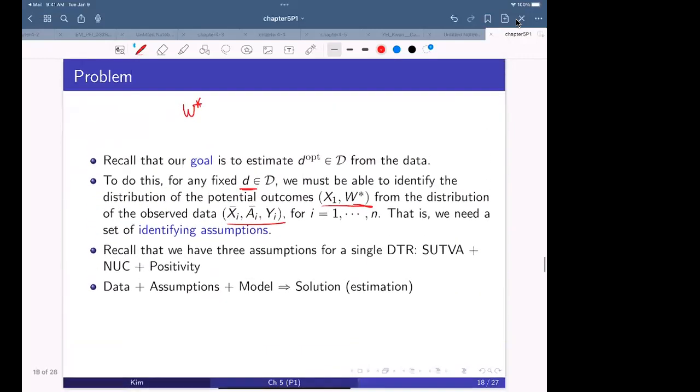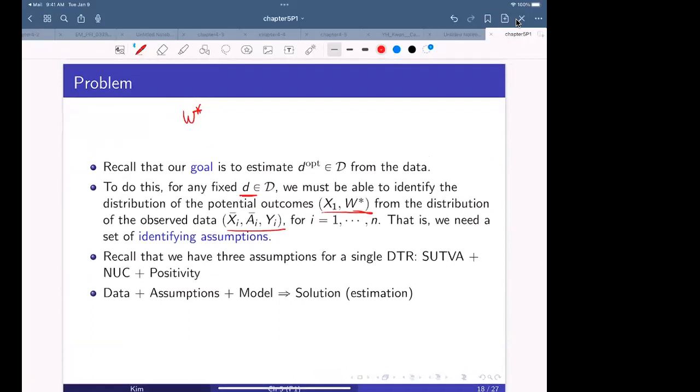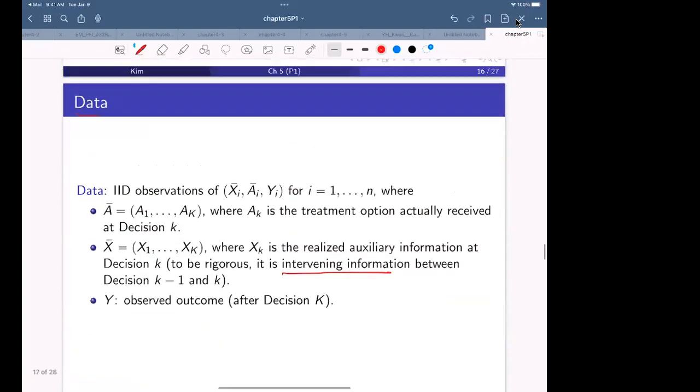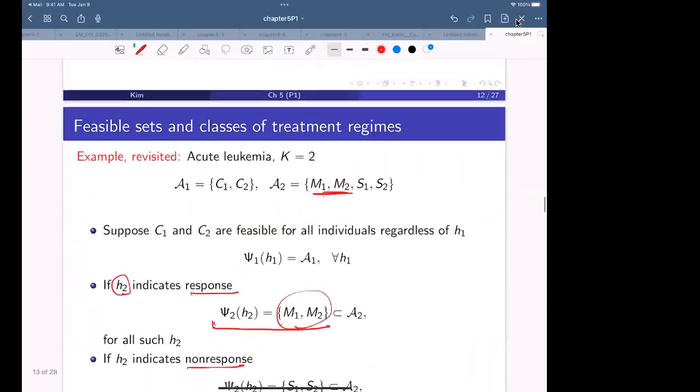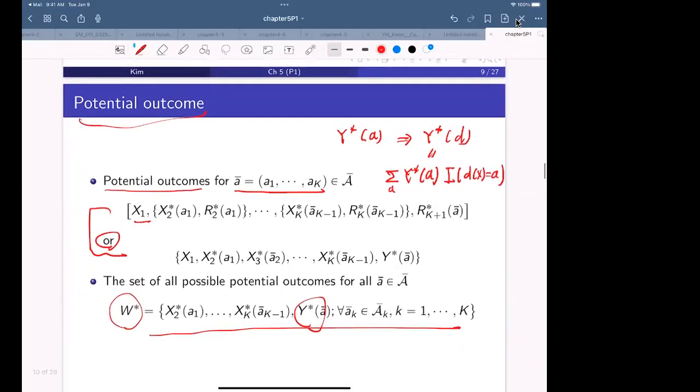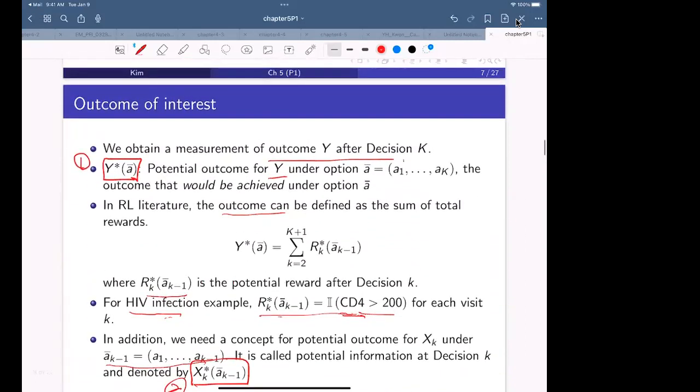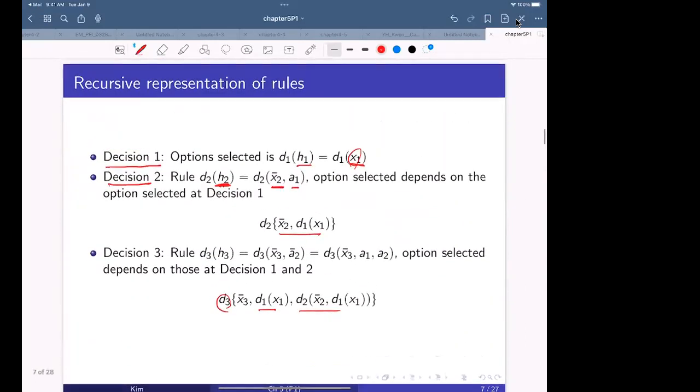I'm a little bit confused about the definition of d. The small d? Small d, okay, the decision function. So it is based on the history. But in the derivation you just mentioned, d also depends on the potential responses.